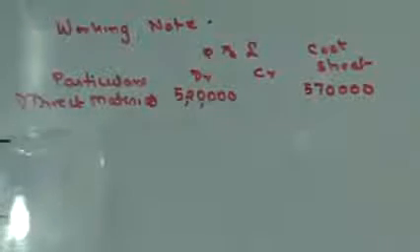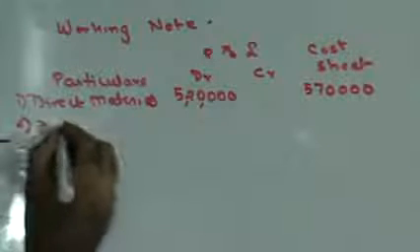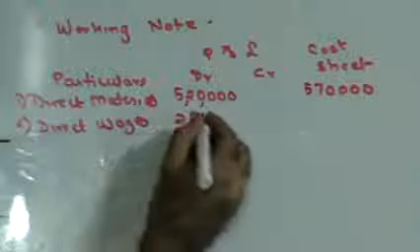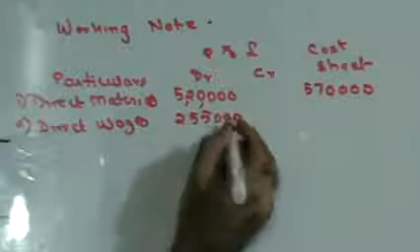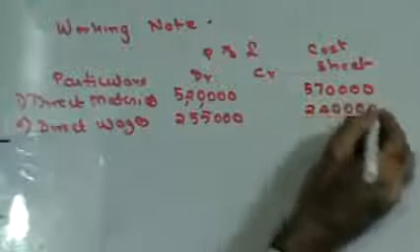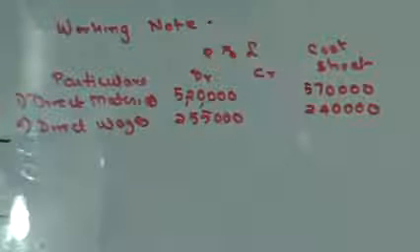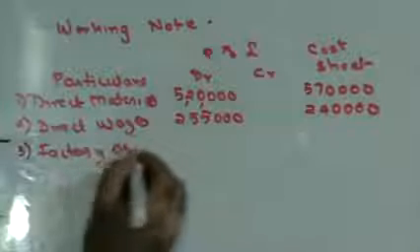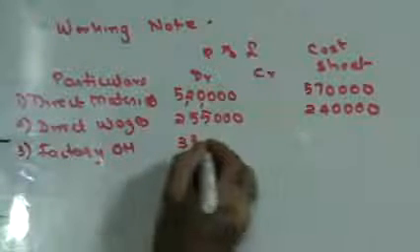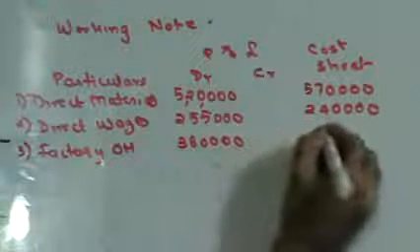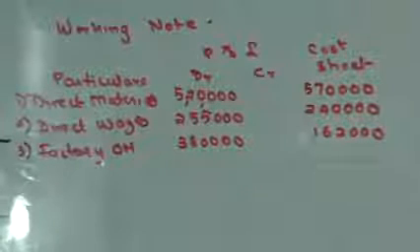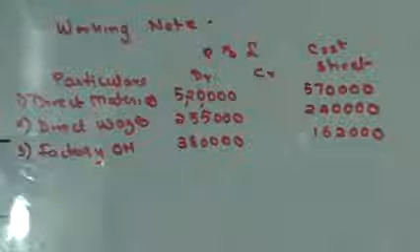Right? Then direct wages. Direct wages in P&L is 2,55,000 and in cost sheet is 2,40,000. Right? Then factory overheads. Factory overheads in P&L is 3,60,000 and in cost sheet is 1,62,000. Right? Then closing stock of WIP in cost sheet 162, in P&L also 162, therefore I will not record it.